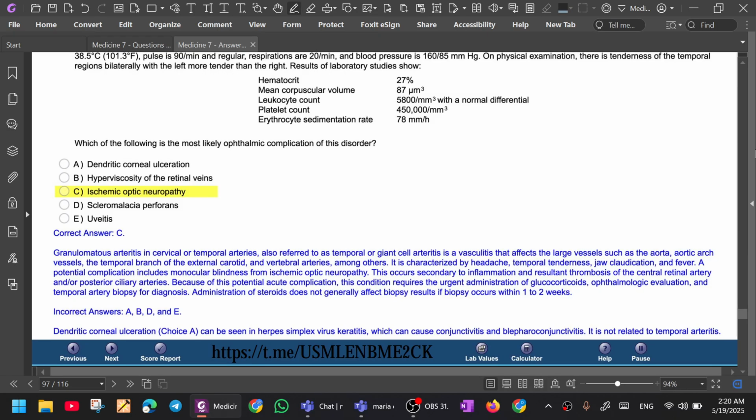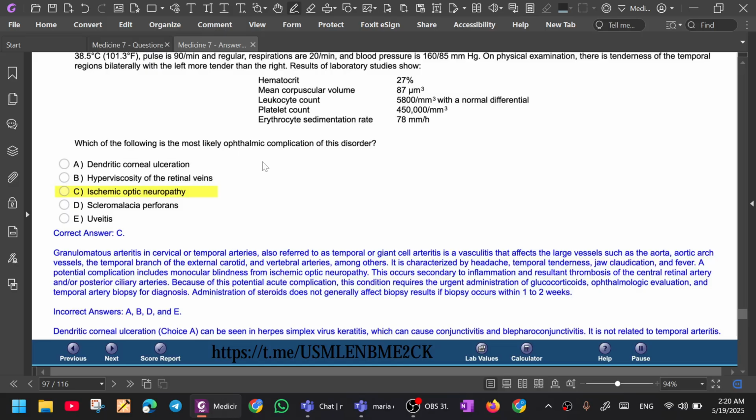Because of the potential acute complication, this condition requires urgent administration of glucocorticoid, ophthalmologic evaluation, and temporal artery biopsy for diagnosis. Administration of the steroid does not generally affect the biopsy results if the biopsy occurs within 1 to 2 weeks. Okay. Next, 27.